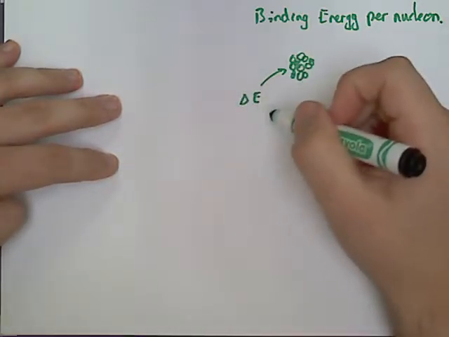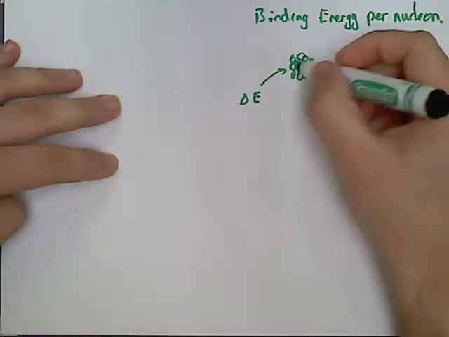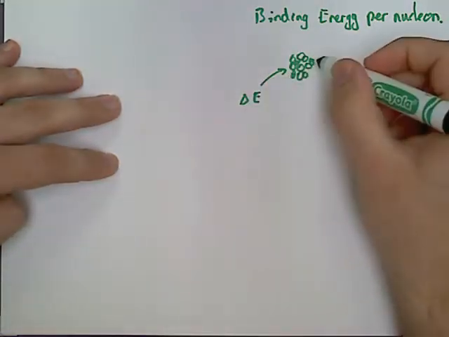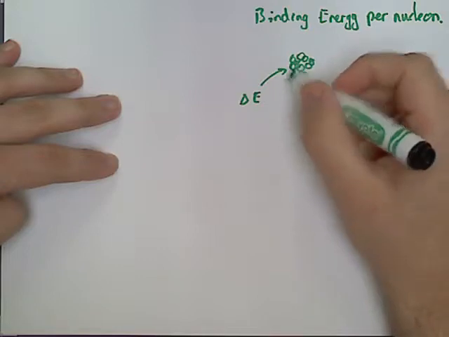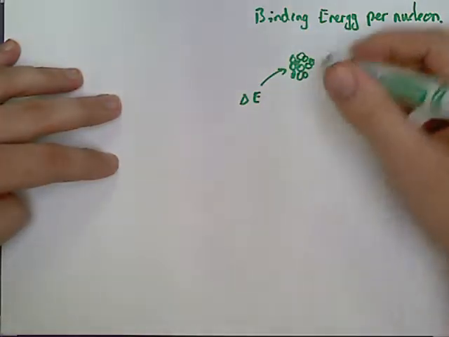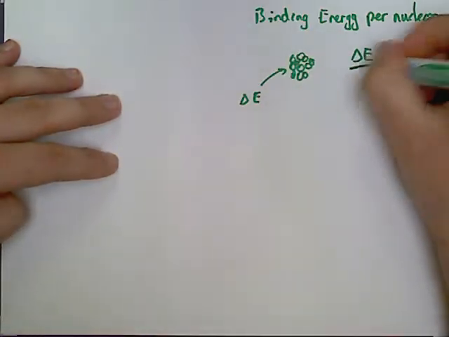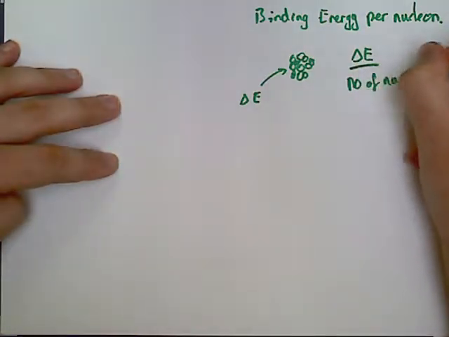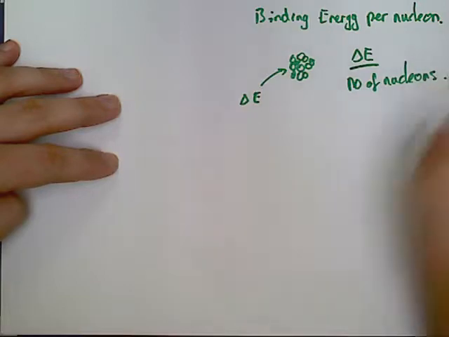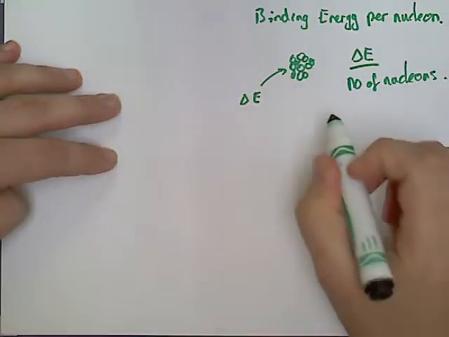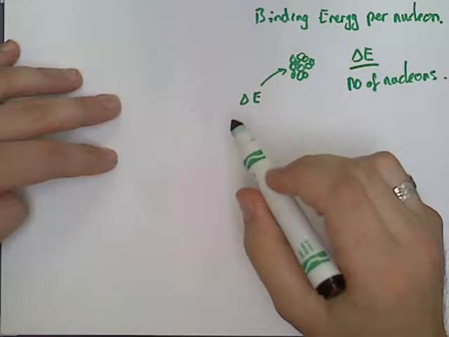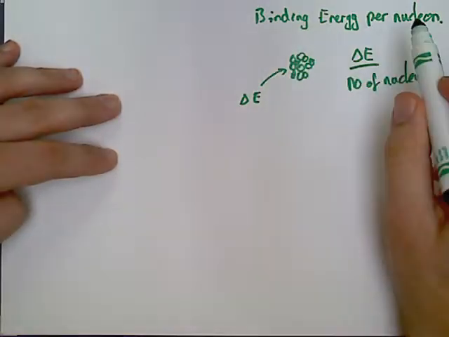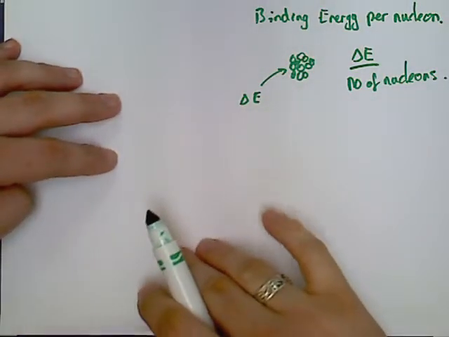So quite nicely, you just divide the energy by the number of nucleons to get the binding energy per nucleon. So you divide the binding energy by the number of nucleons, because this next graph I'm going to show you is not binding energy, it's binding energy per nucleon. And you'll see what I mean when I show you the graph.